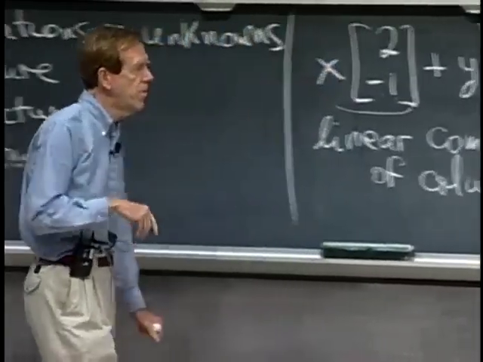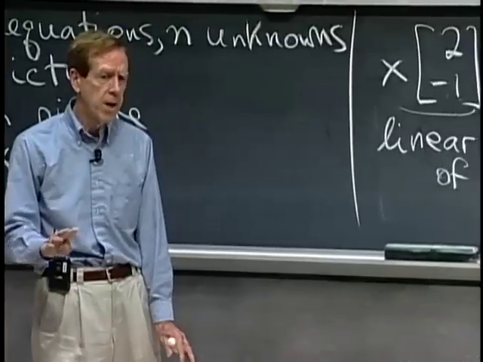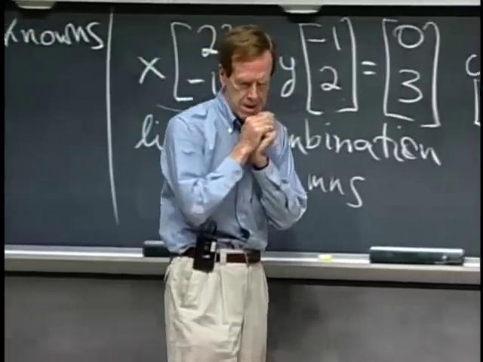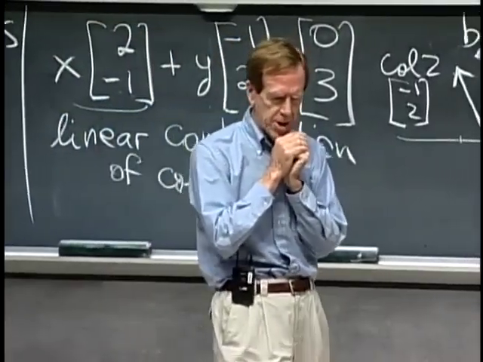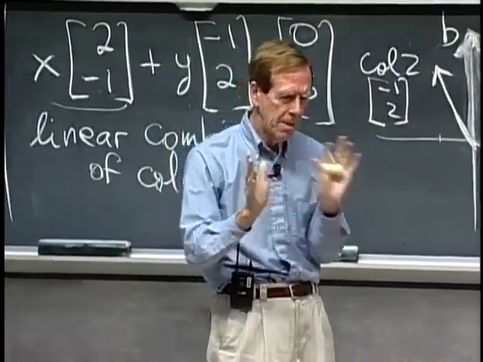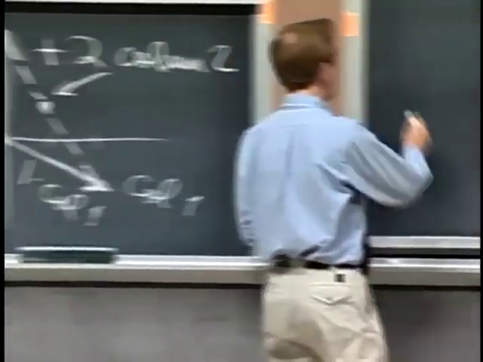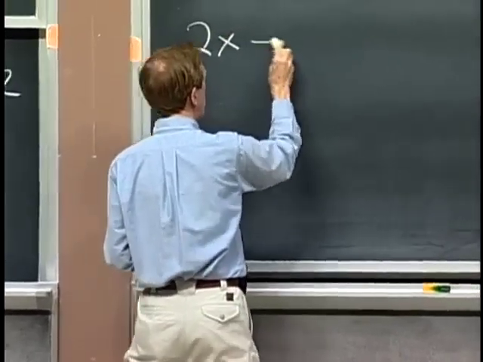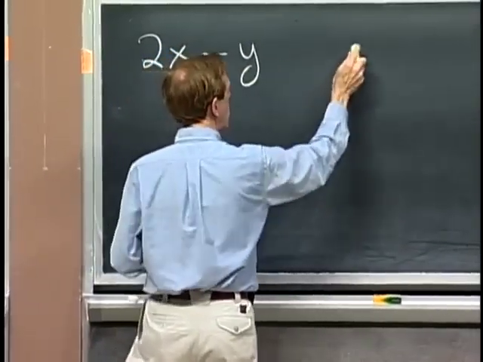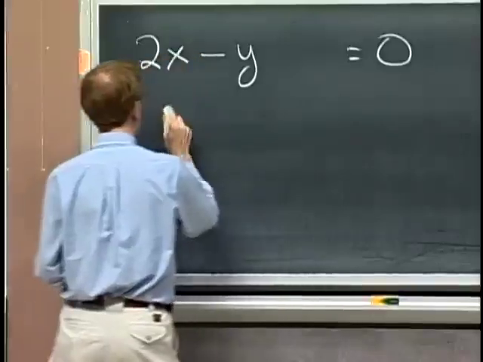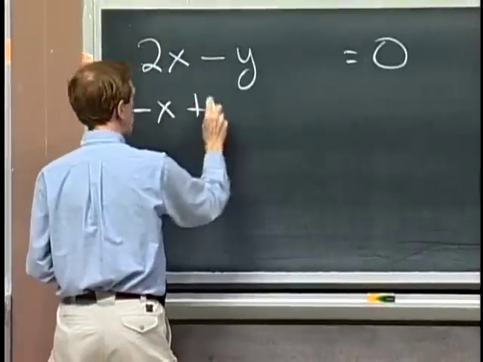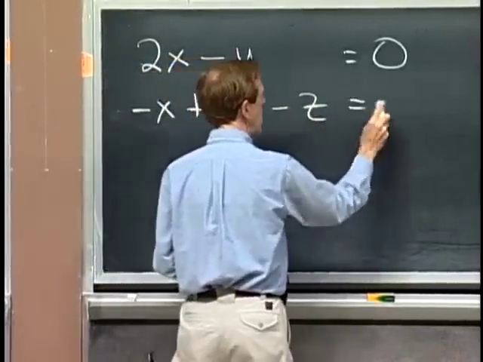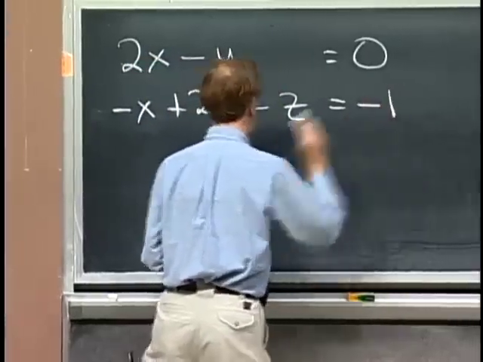Okay, can I move to 3 equations and 3 unknowns? Because it's easy to picture the 2 by 2 case. Let me do a 3 by 3 example. I'll start it the same way, say 2x minus y, and maybe no z's, a 0. And maybe a minus x and a 2y, and a minus z is, let me make that a minus 1.